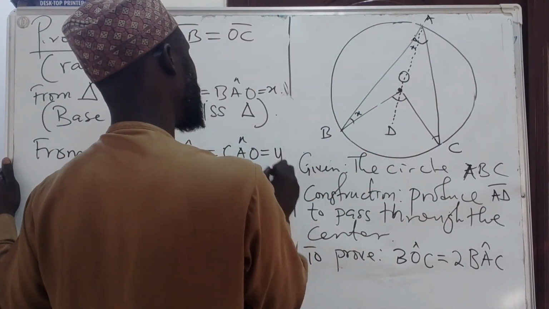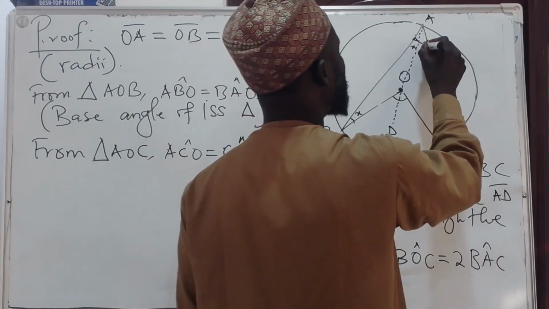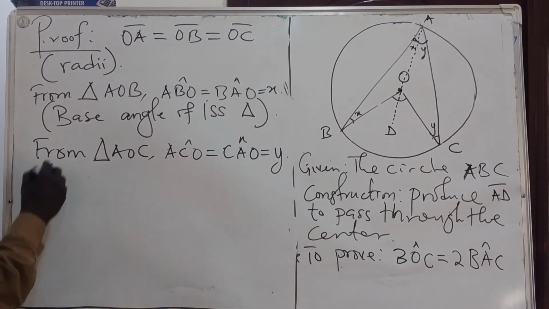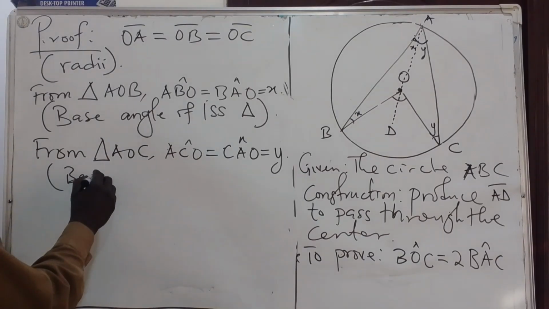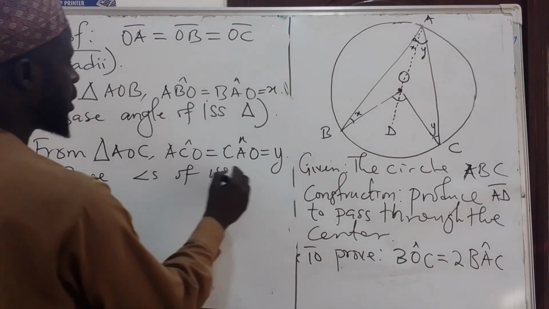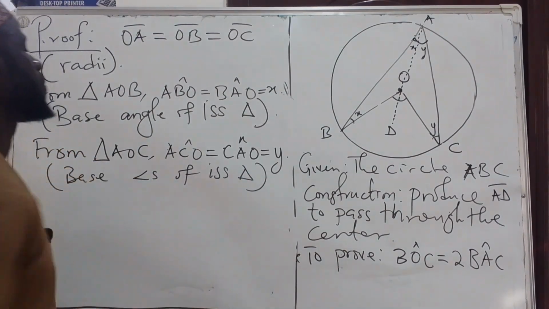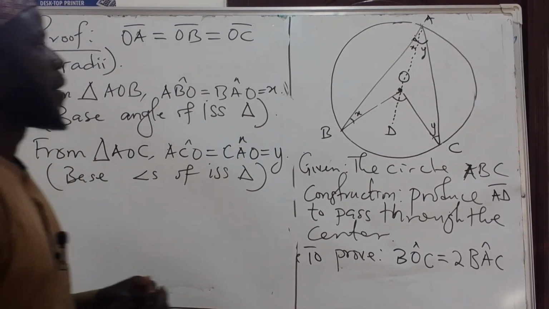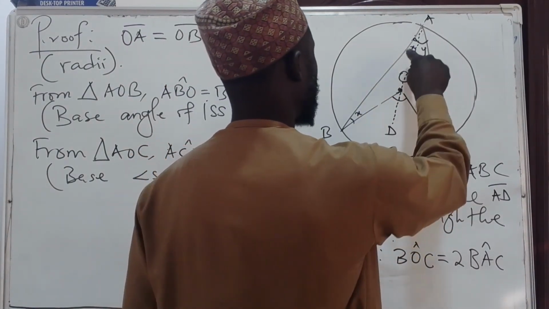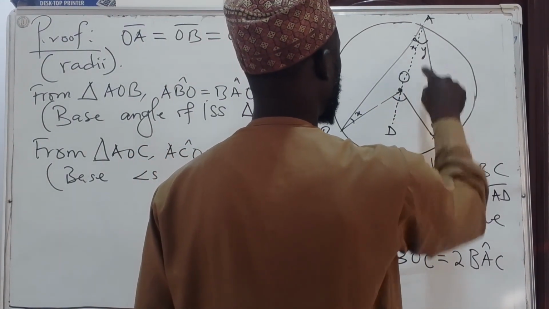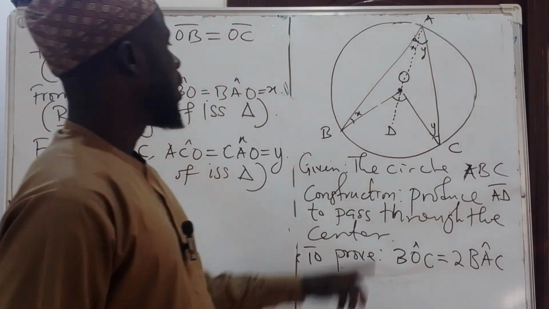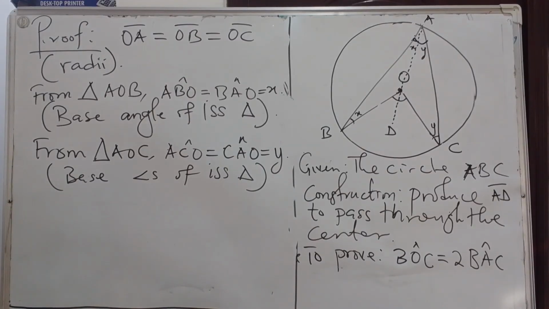So let that be equal to y. This angle is y, and this also must be y. Reason: base angles of an isosceles triangle. So actually, this angle is x, this angle is x, this angle is y, and this angle is also y.